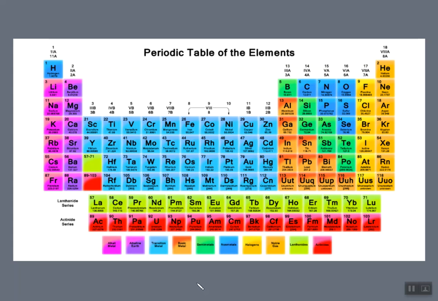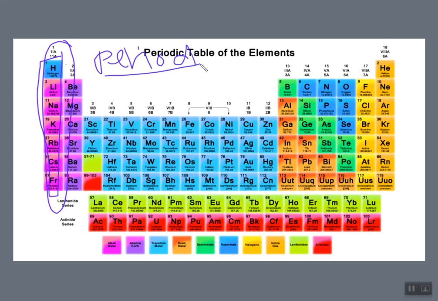So let's talk about periods and groups. Periods are basically anything that goes up and down. So this whole section from hydrogen all the way to francium is a period. Everything that looks like that is a period. So this one's a period, this one's a period, and all of these are periods.